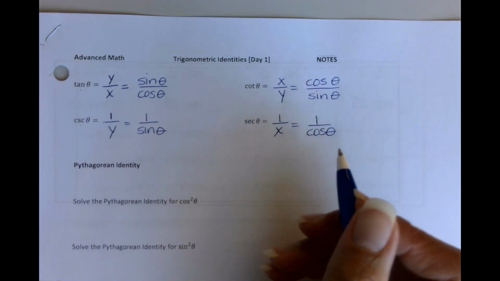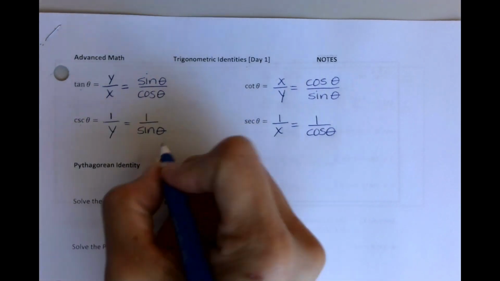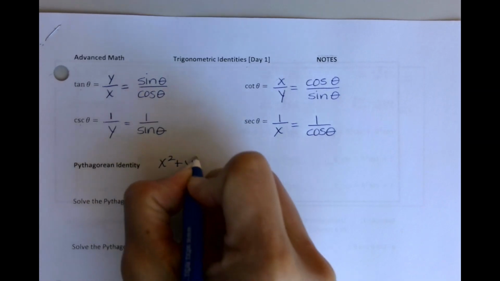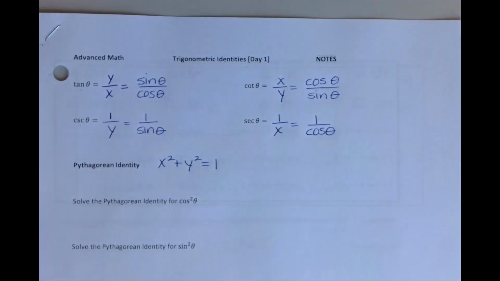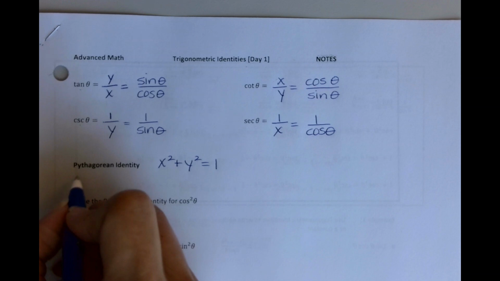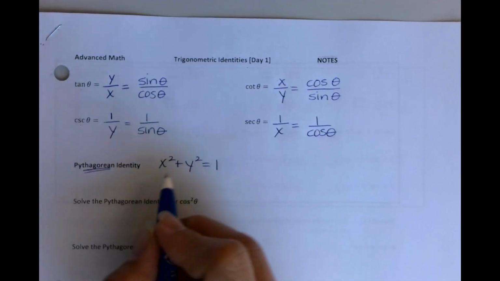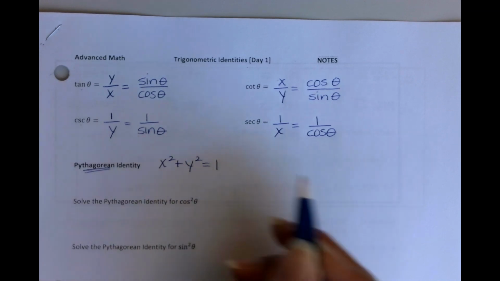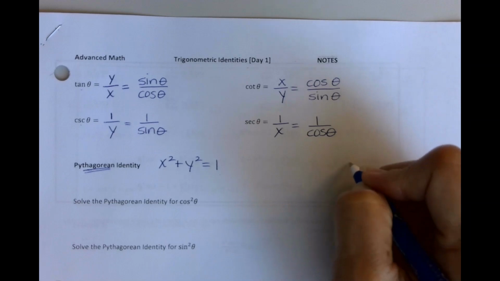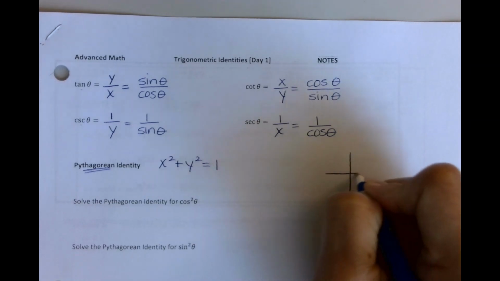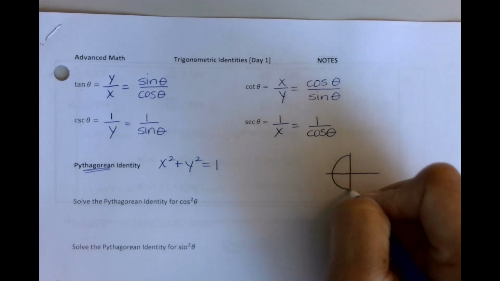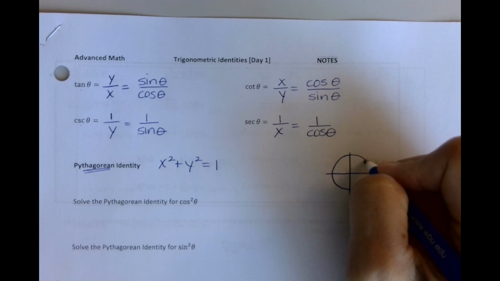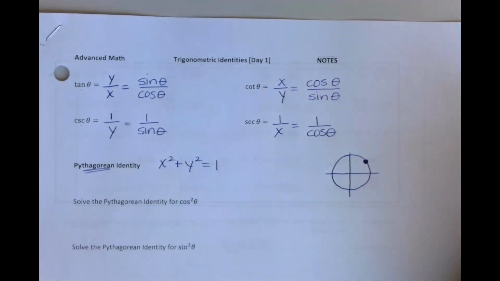The Pythagorean identity is going to base itself on this equation here, x squared plus y squared equals 1, where the Pythagorean theorem tells us that the sum of the legs squared is going to equal the hypotenuse squared. This is coming from our unit circle analysis. Remember when we constructed the unit circle and I asked you guys to help me find the coordinates of a respective point on the unit circle?